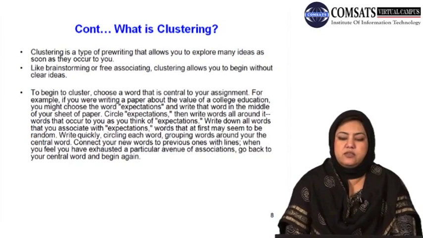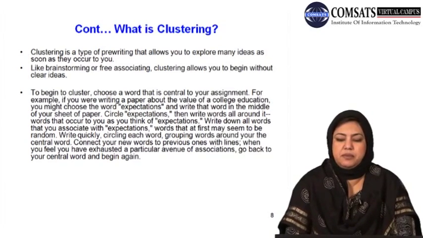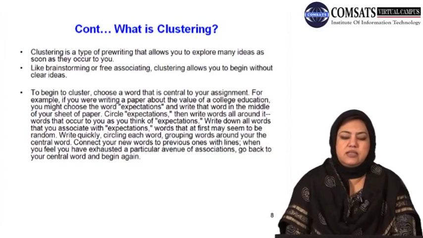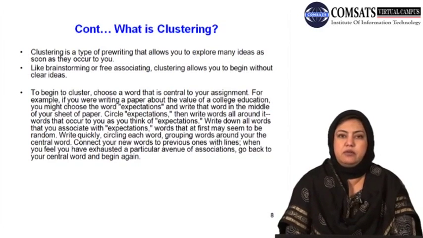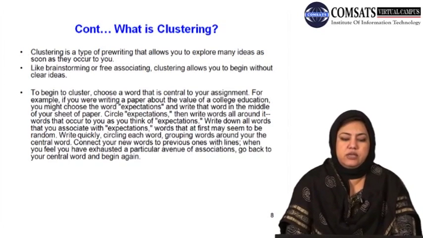You can use circles to place it at different places on the paper. Write down all the words that you associate with expectations. Words that at first may seem to be random might be found later on to be somehow associated. So write quickly, circling each word, grouping words around the central word.